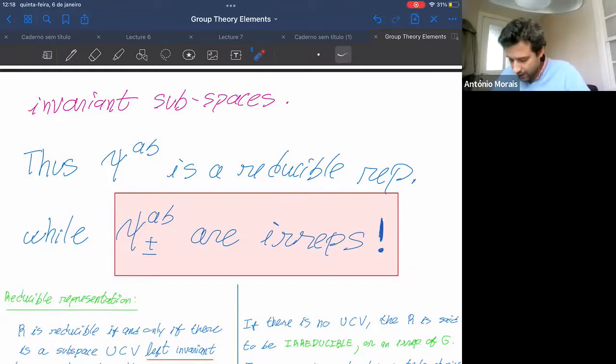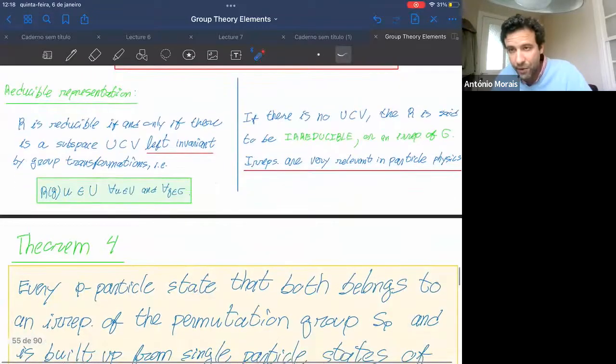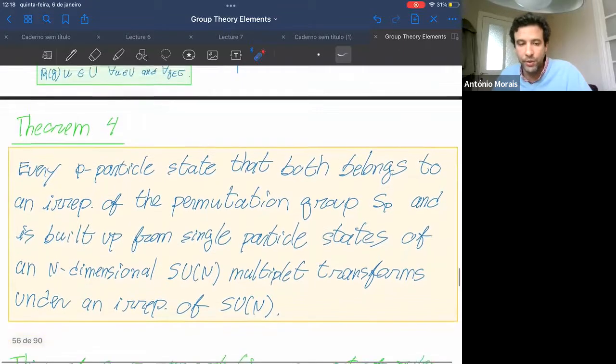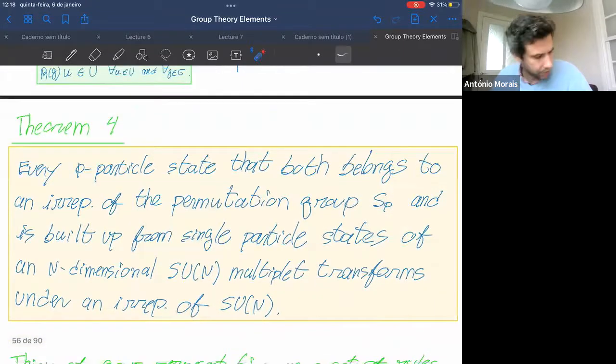And there is a theorem that relates the permutation group to SU(N) groups. This is known. Actually, I have here a reference for a book where this is demonstrated. I can give you the reference of this book at some stage.